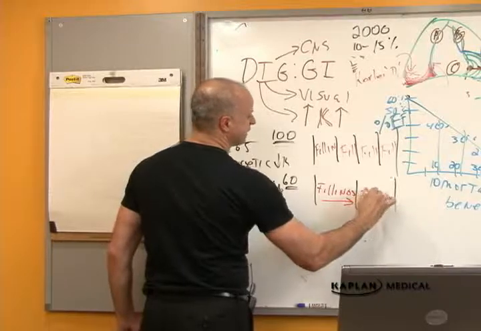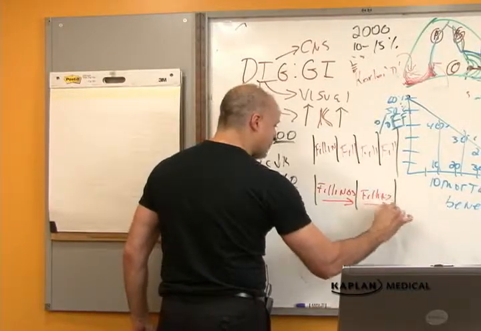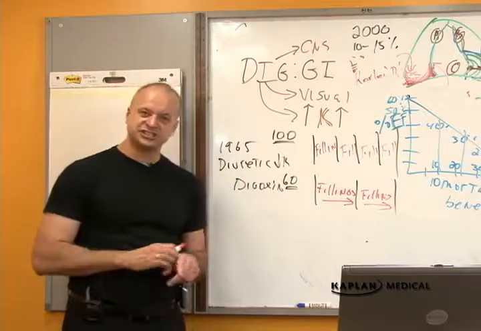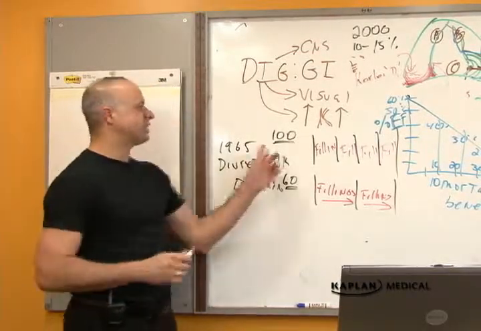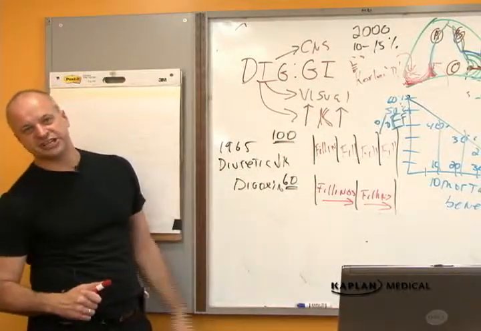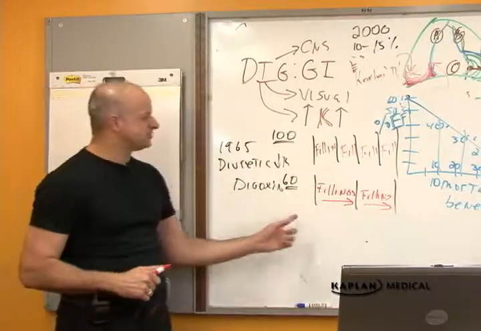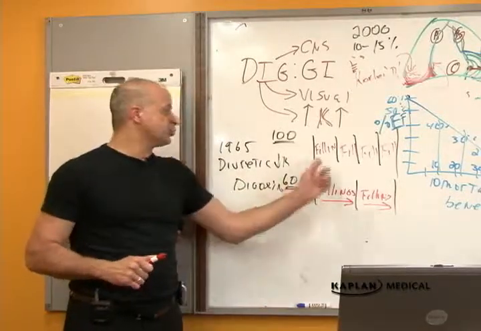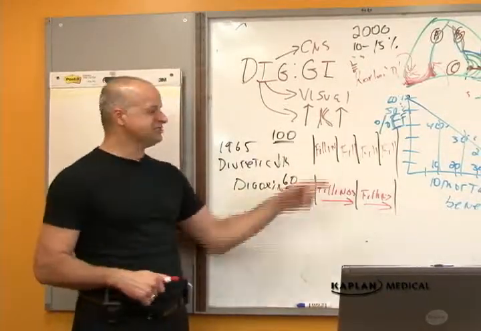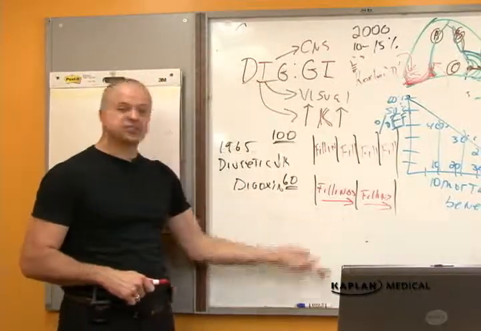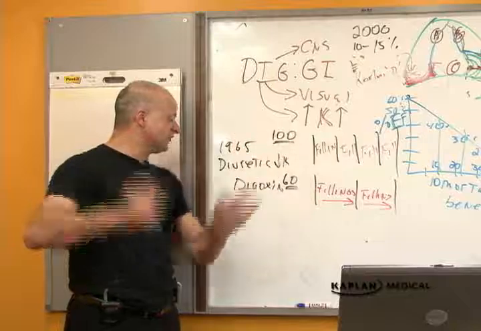Your filling goes up, your supply goes up. When is oxygen consumed? When you're contracting. So what happens as you use that beta blocker? The demand goes down, the supply goes up, you live longer.